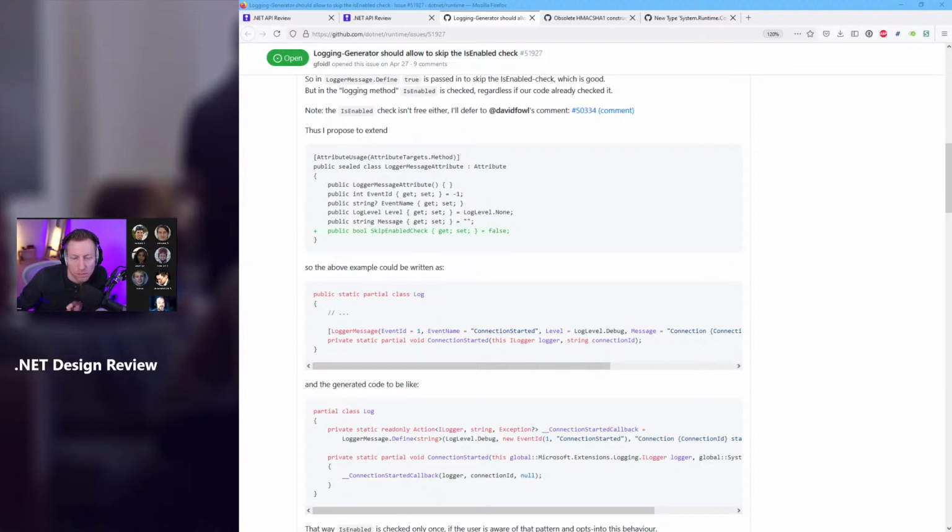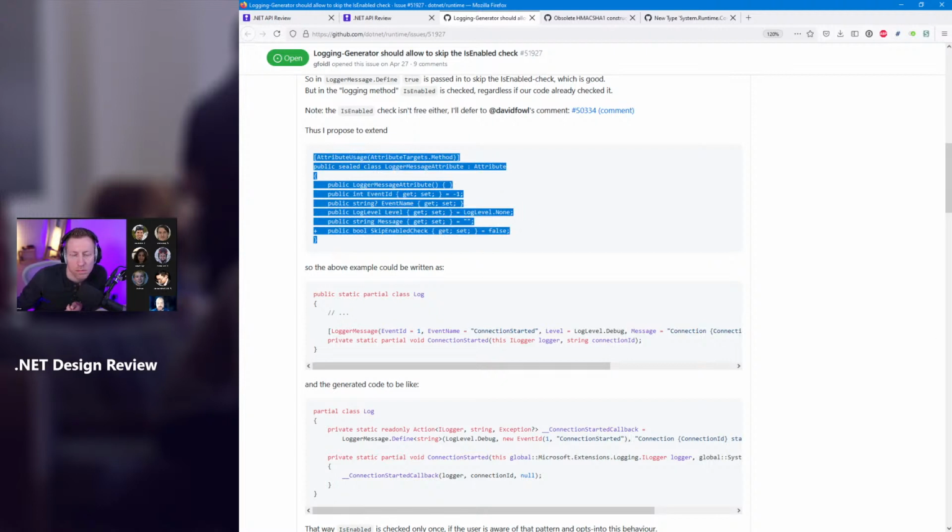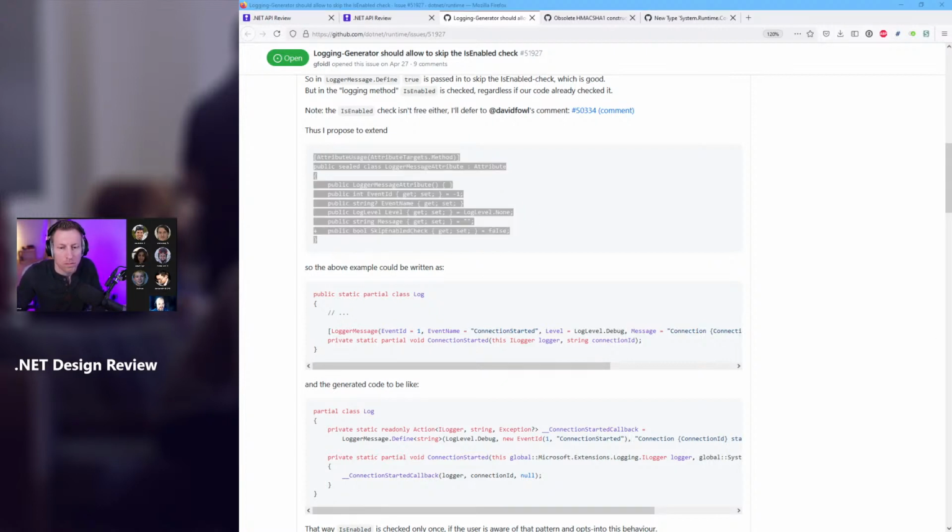This seems reasonable to me. This is the same name as the runtime API, right? Just skip enabled check. Yes. Makes sense to me. Approved. I think it would make sense too. Sorry, I'm formatting things for looking good in the tool.